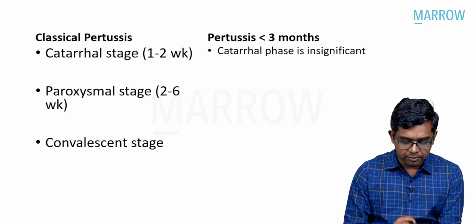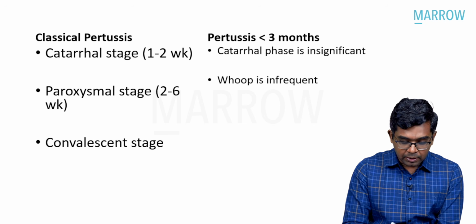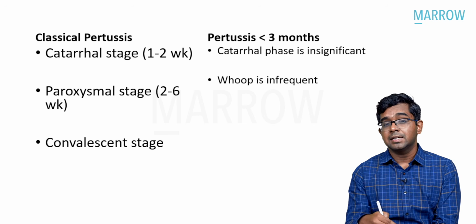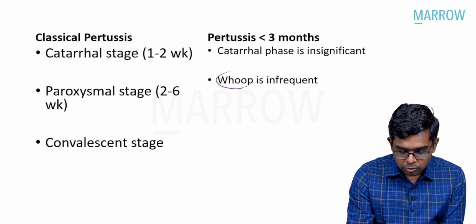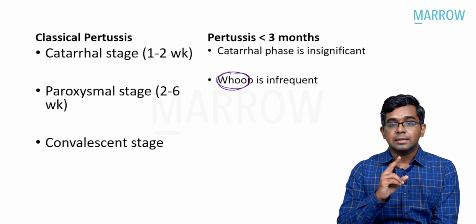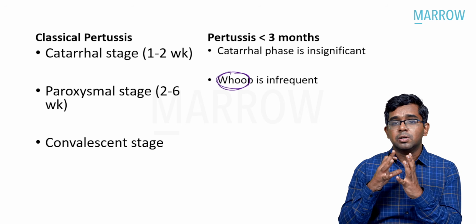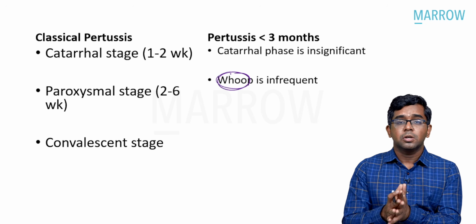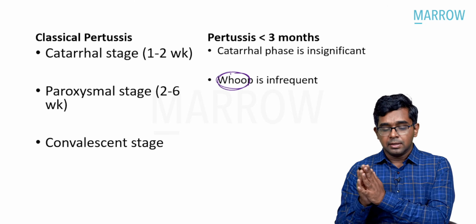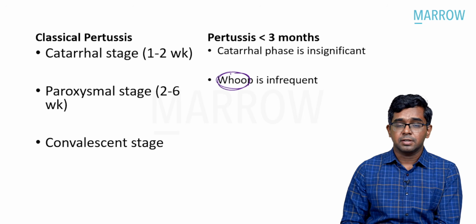Then in the paroxysmal stage, whooping, which is supposed to be very characteristic of pertussis, is actually infrequent. That is the point I want you to remember. They will have paroxysms of cough, but whooping cough as such is very insignificant or infrequent in a child less than 3 months of age.